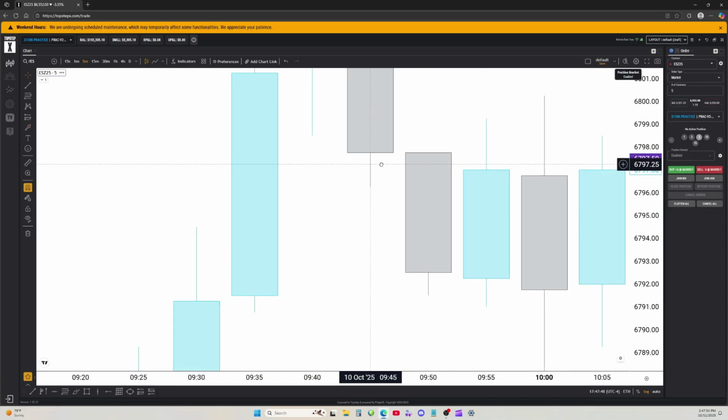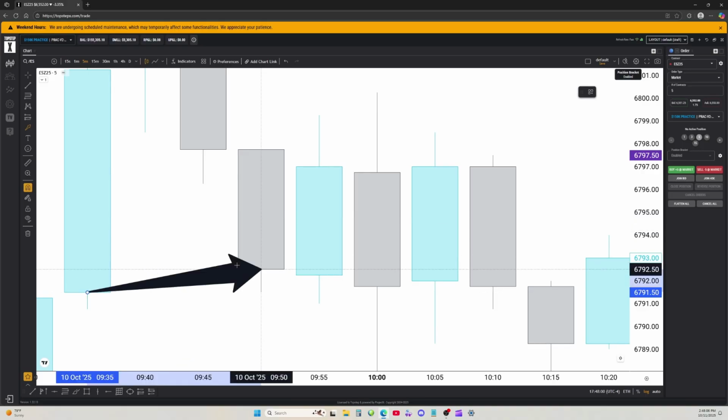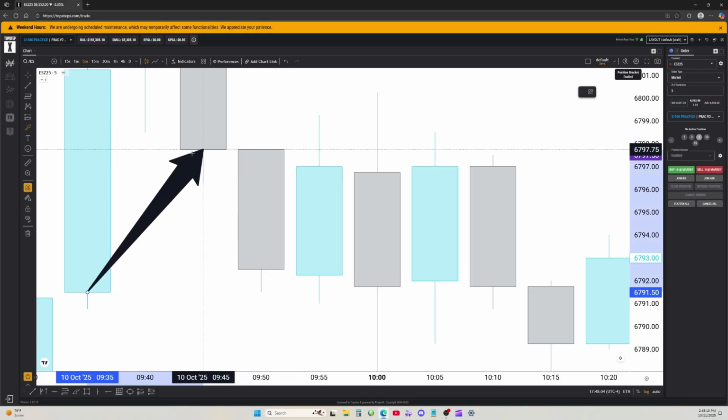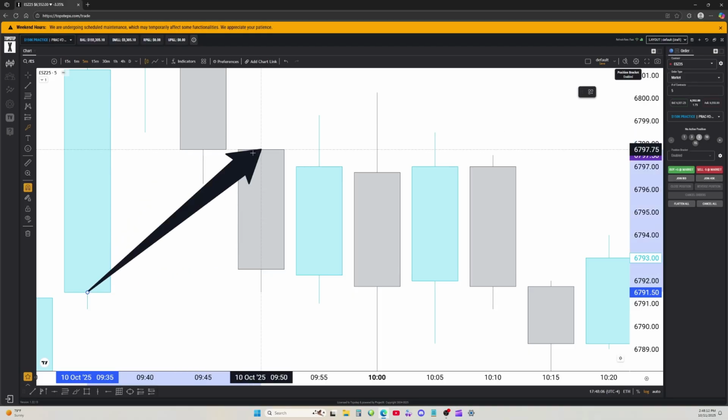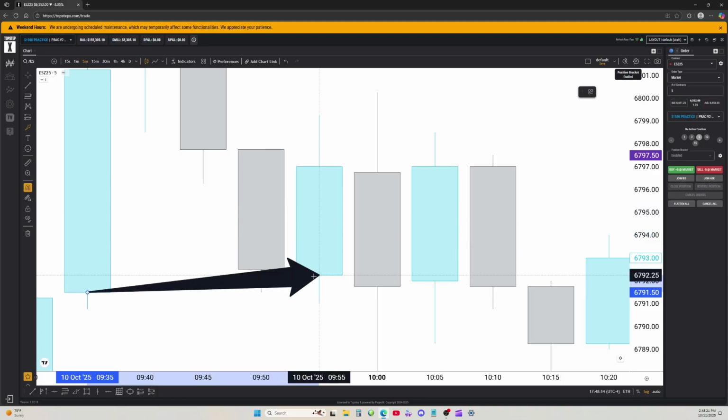Okay, let's do a little pop quiz. What candle is this? It closed here at the bottom, opens at the top, closes here. It probably went down, pulled back, closed here. Now, what is this?